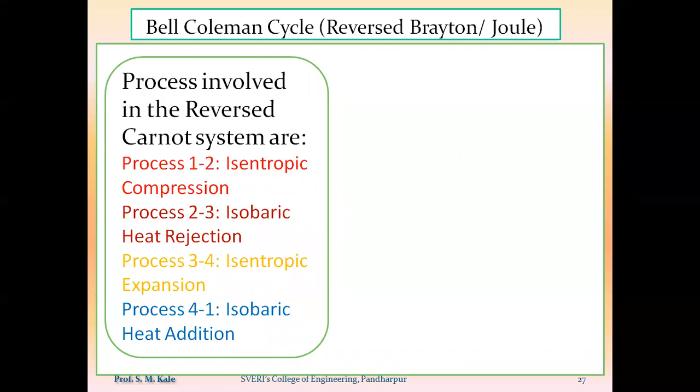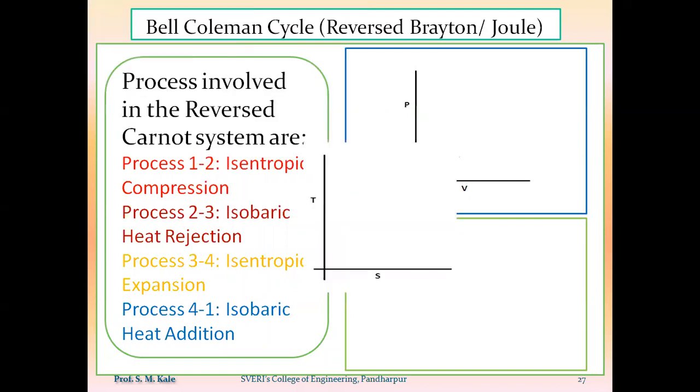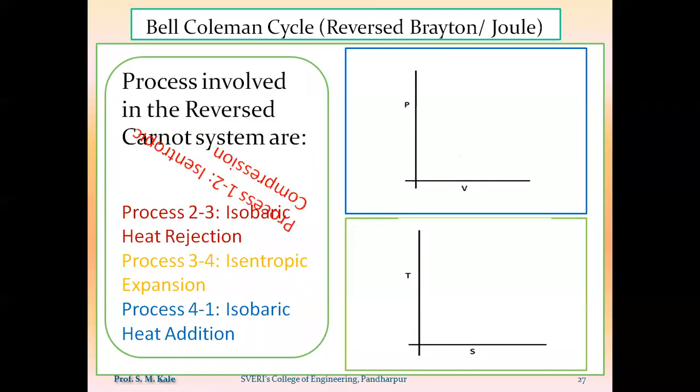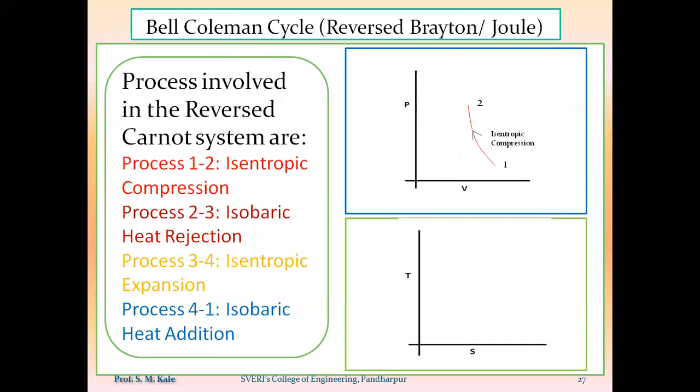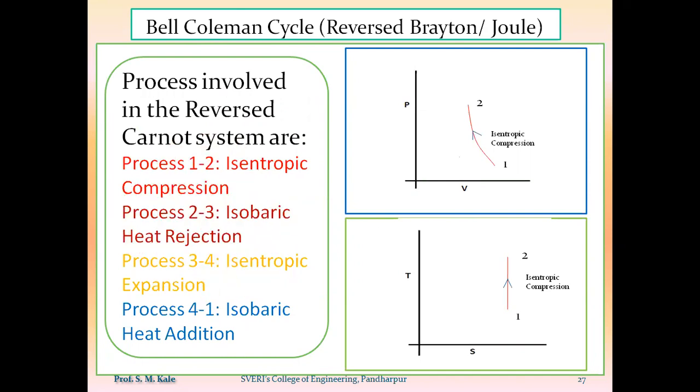Also we saw the PV as well as TS diagram for the Bell-Coleman cycle. The first process was the isentropic compression process, which on the PV diagram and on the TS diagram will be drawn likewise. Then the second process is the isobaric heat rejection process.